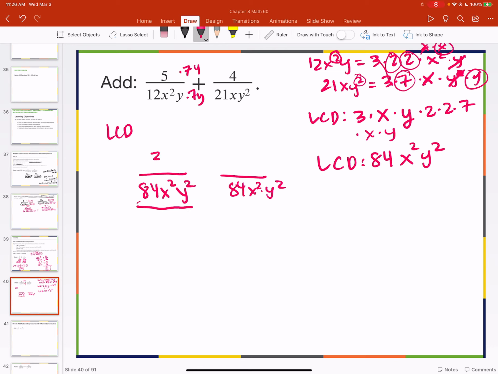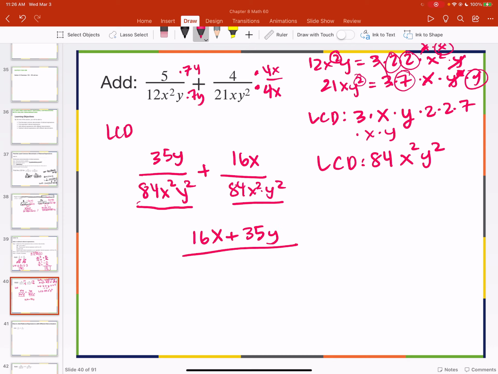And on the top, I'm going to get 35y. Here, to get to 84, I'm going to have to multiply top and bottom by 4x. So that'll give me 16x here, and on the bottom I get that 84y. I'm adding them, so I would write this as 16x plus 35y all over 84x squared y squared.